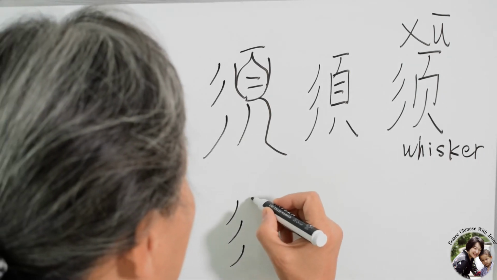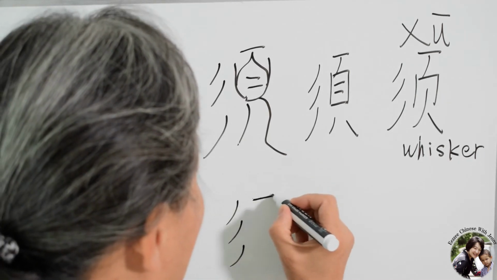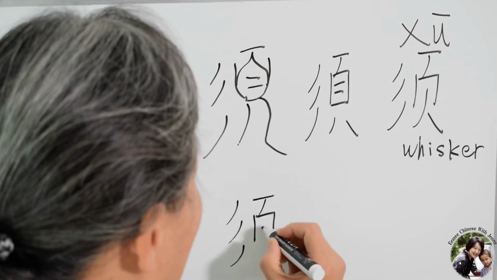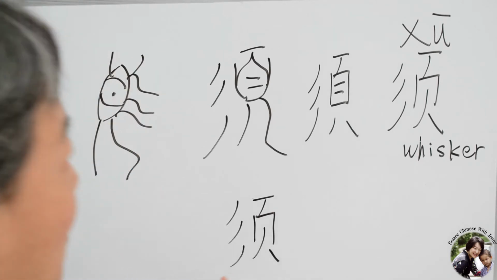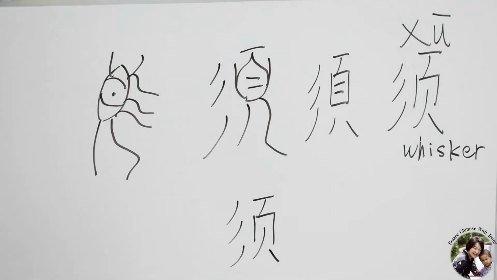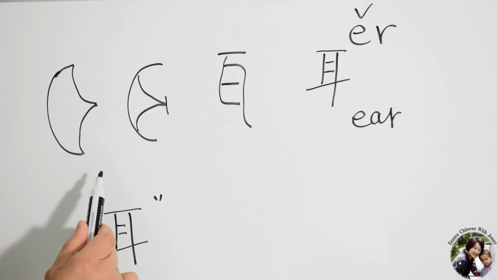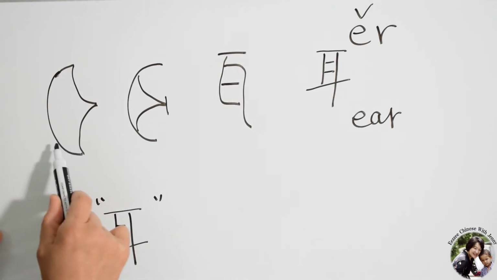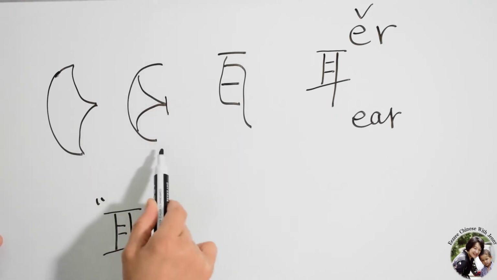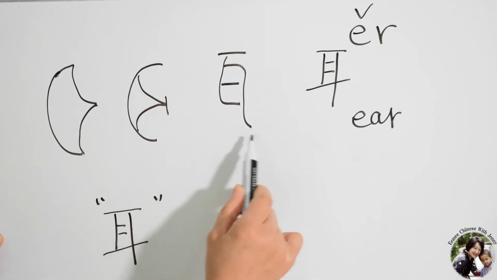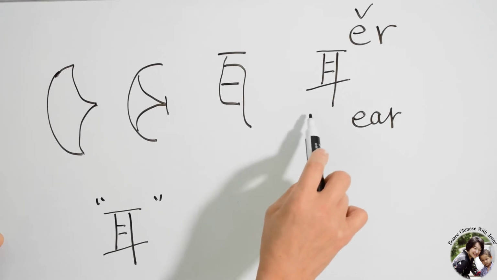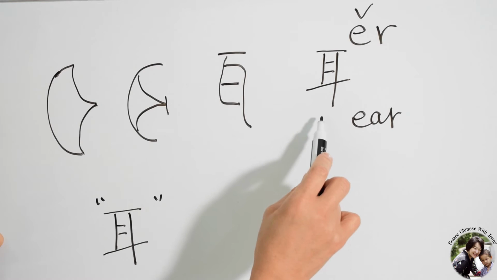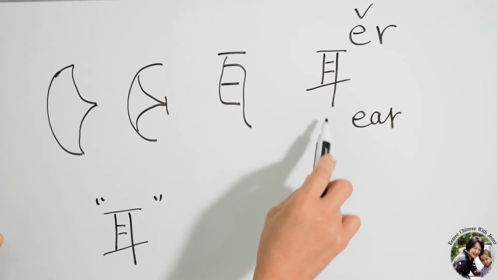And then this ear, remember, is the head, means head. 一横一撇竖横折撇捺. 须 means whiskers. This is a drawing of your ear. Look at the evolved form at a certain time, which looks like this, and then currently the simplified version, and both simplified and traditional way, is written like this.